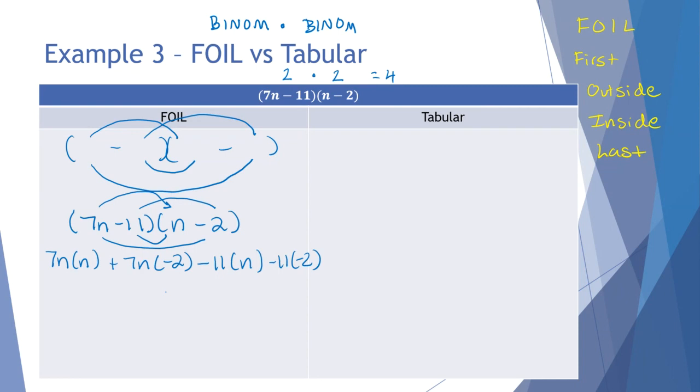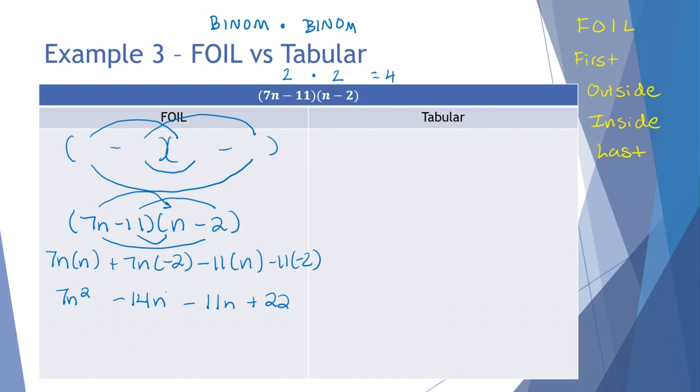Then I multiply. So my 7n times n is 7n squared. 7n times negative 2, that's going to give me a negative 14n. Then negative 11n, then plus 22. And then the two insides, those add together.